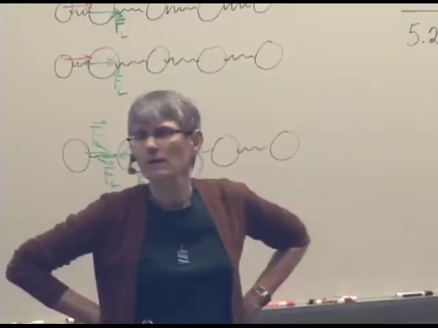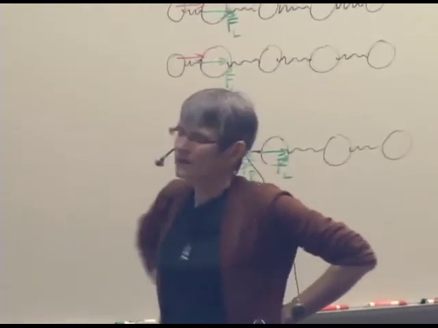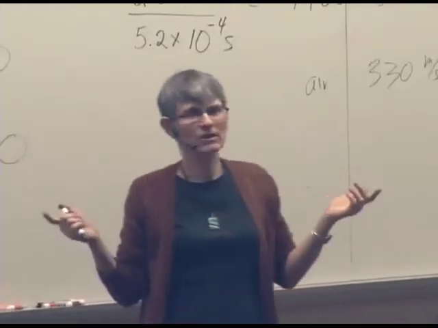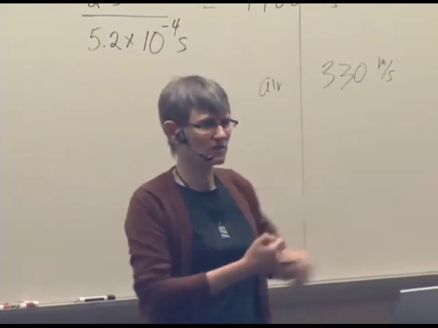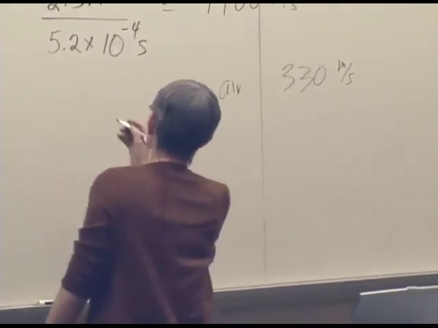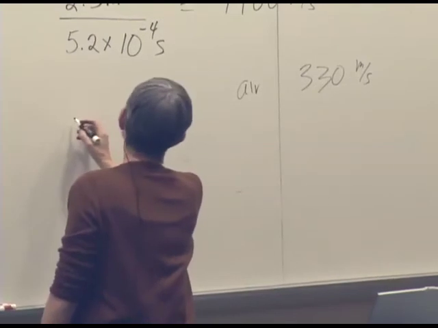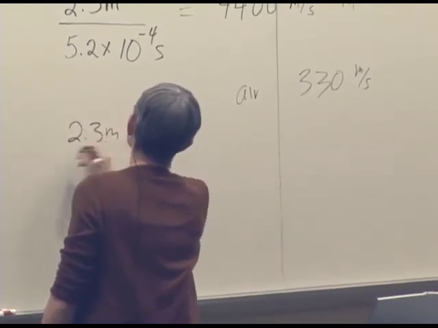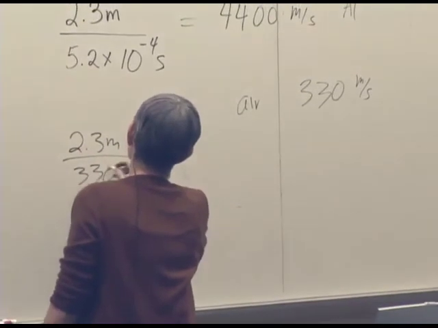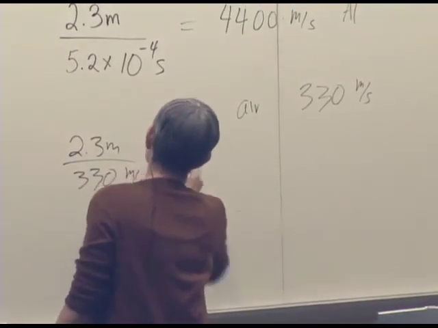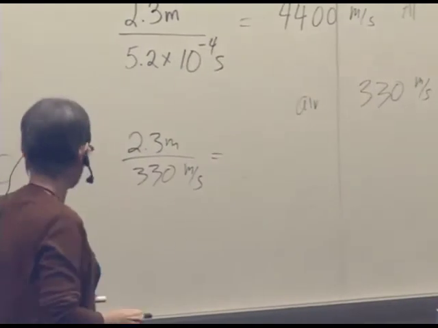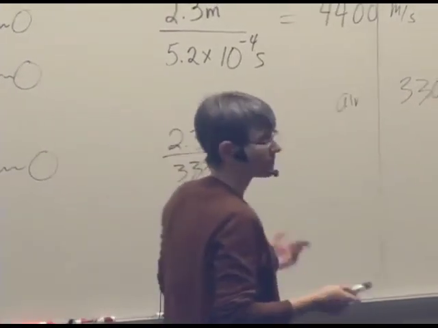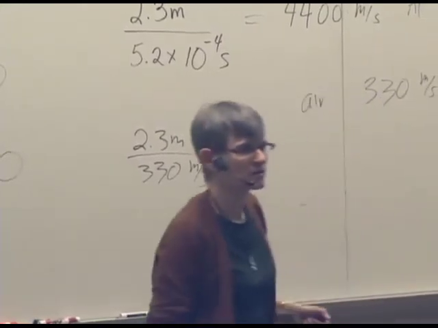Yes? Well, okay, so how long should it take for it to get there? So the question is, shouldn't we see another spike when the sound gets to the microphone through the air? Let's see how long that would take. It would be 2.3 meters divided by 330 meters per second. So what does that come out to? About 1/100 of a second or something.